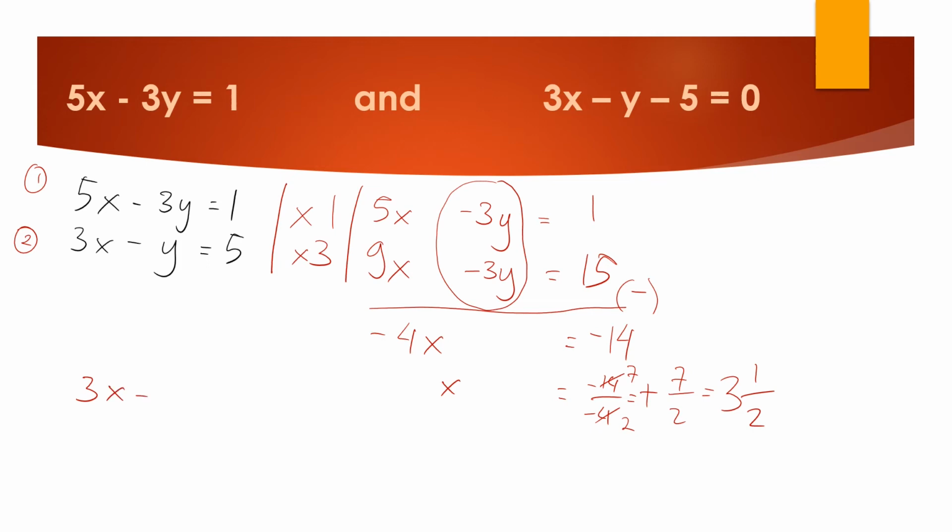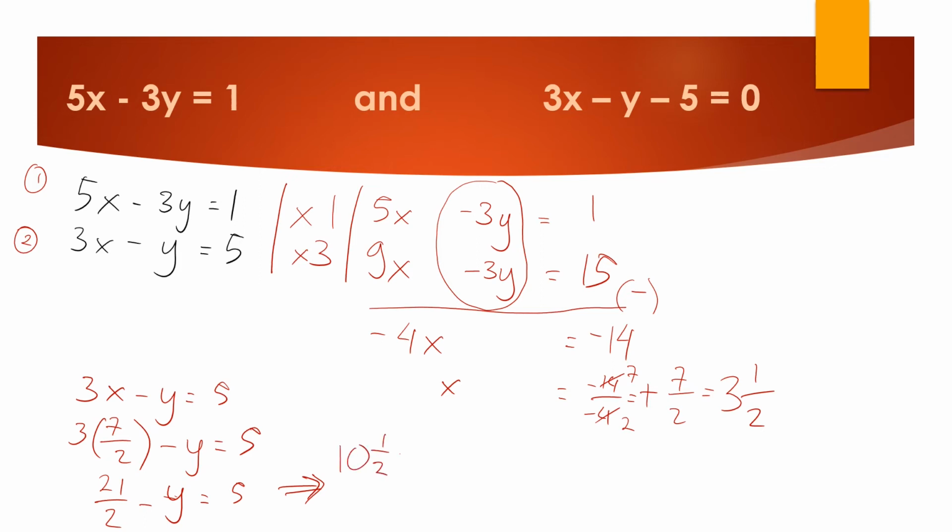I write the second equation and put x as 3 and 1/2, or 7 per 2, like this. So 3 times 7, 21 per 2 minus y equals 5. I continue here: 21 per 2 equals 10 and 1/2, minus y equals 5. So minus y equals 5 minus 10 and 1/2.